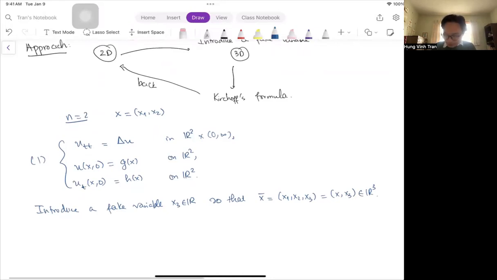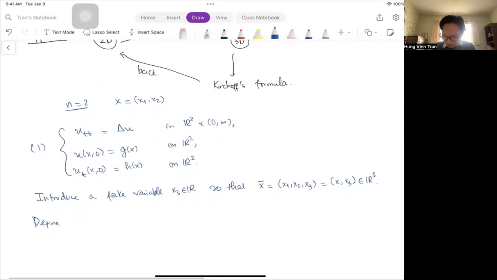And then we define u bar of x1, x2, x3, t to be just u of x1, x2, t. So we lift everything by one dimension. x3 doesn't play any role here, right?